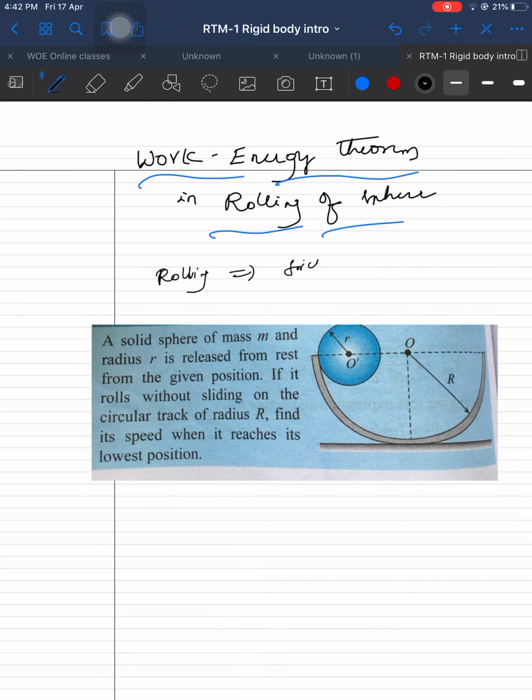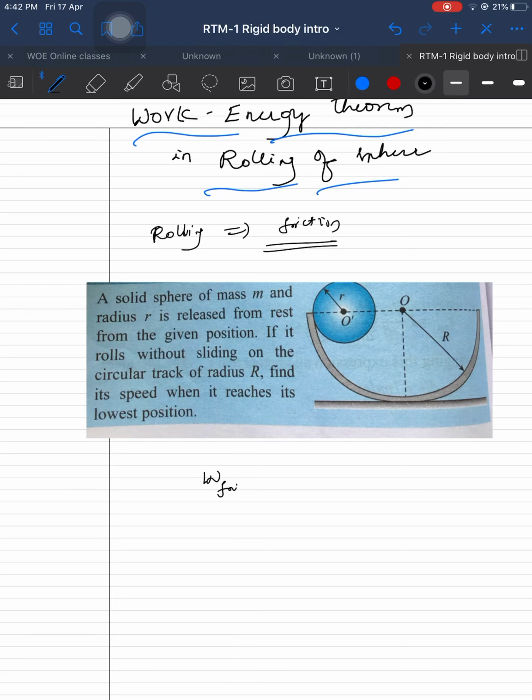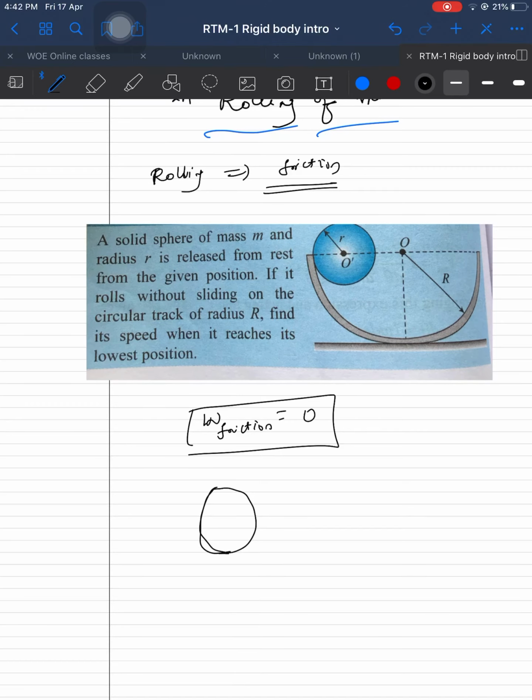But work done by friction, total work done by friction, this is a non-conservative force. One minimum non-conservative force should be there, that is equal to 0. Why sir, is it 0? You may ask. Say the body is going forward, friction is applied in the backward direction. Friction is trying to reduce the motion of the body, at the same time friction may increase its angular velocity.